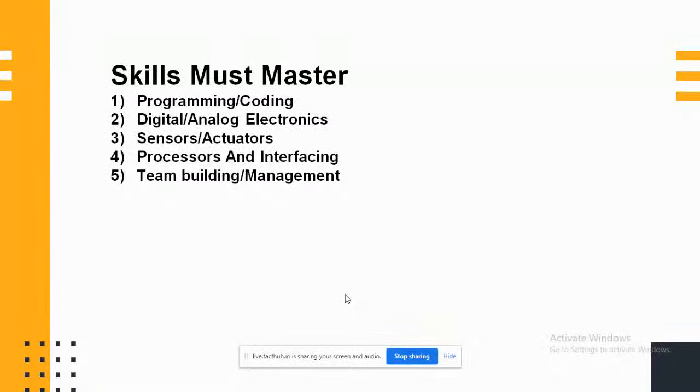Otherwise, there would have been only one programming language. Otherwise, there would have been only one microcontroller. So always think over the coding concept. Programming, yes, it's okay, but from my experience, coders are more in demand than programmers.